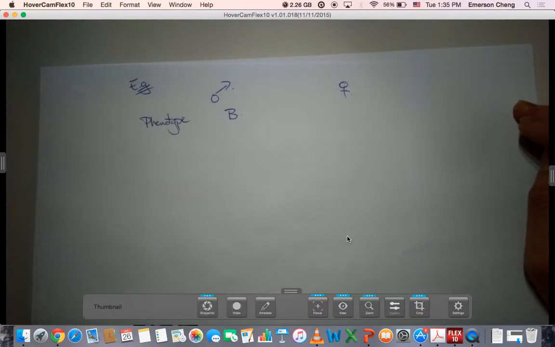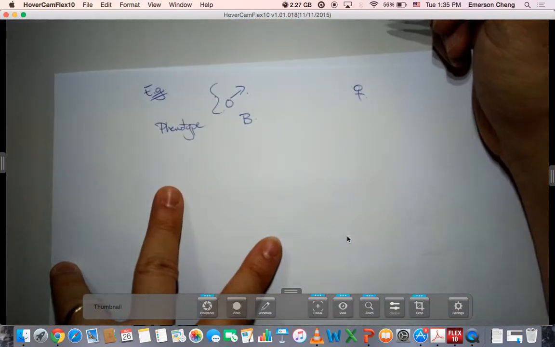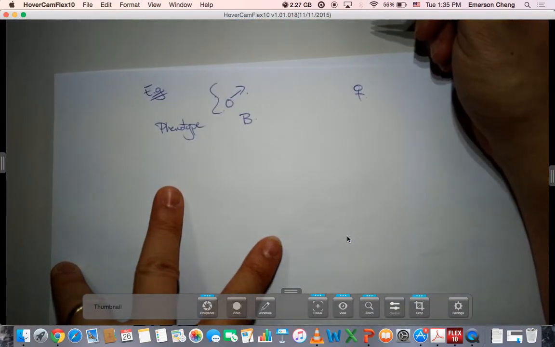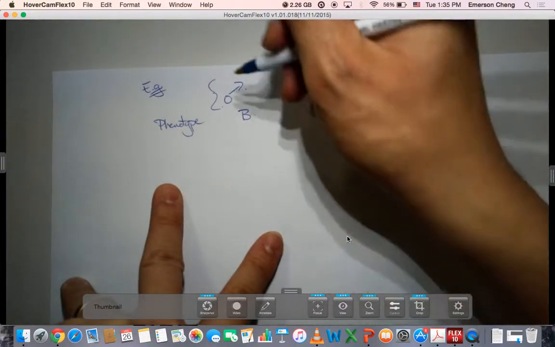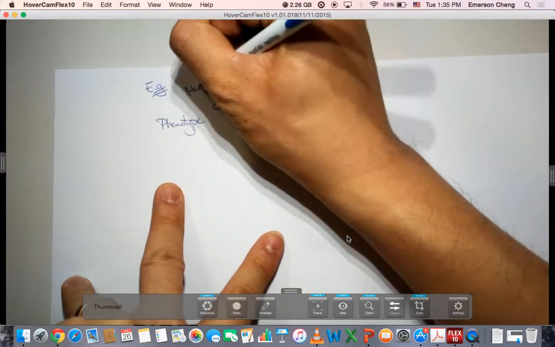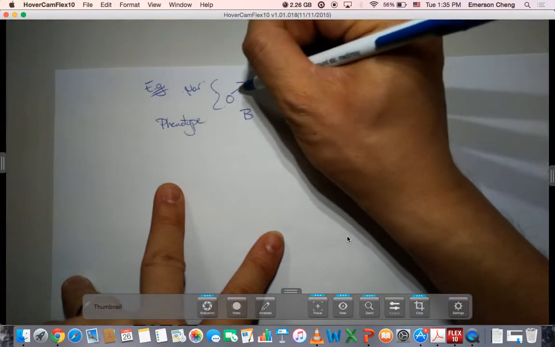The historical reason why these symbols are given is that if you study Greek mythology, the Greek and Roman gods, this is the symbol for the god Mars, because Mars is a god of war, his shield and spear.